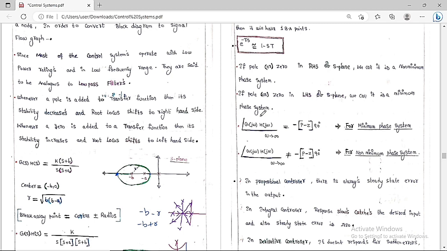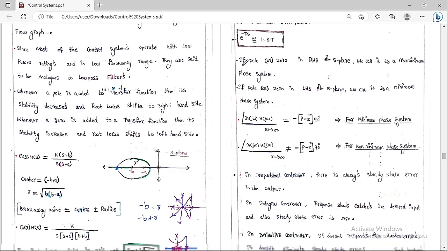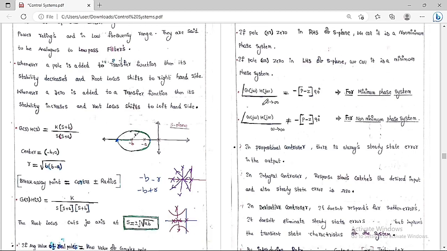Now let's go to another concept. Listen carefully. The phase angle of G(s)H(s) as omega tends to infinity is equal to minus (P minus Z) into 90 degrees for a minimum phase system, whereas for a non-minimum phase system it is not equal to minus (P minus Z) into 90 degrees.